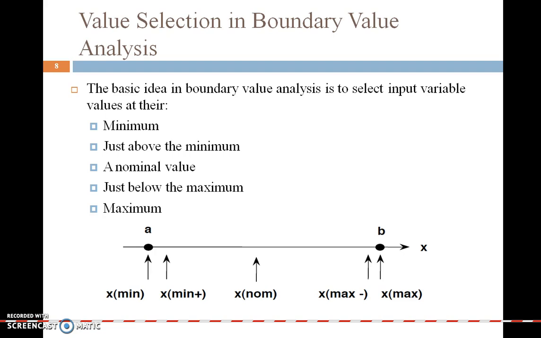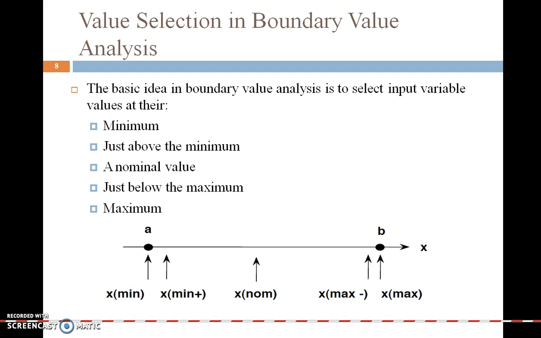The basic idea of boundary values is that for a particular variable y, I have to consider 5 sets of input values. If a value ranges from 0 to 10, then the minimum would be 0 and the maximum would be 10, and the nominal value means one in-between value.